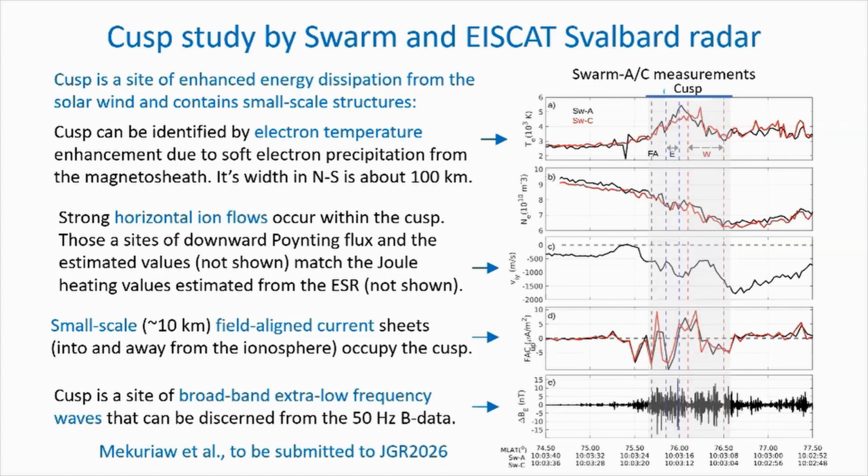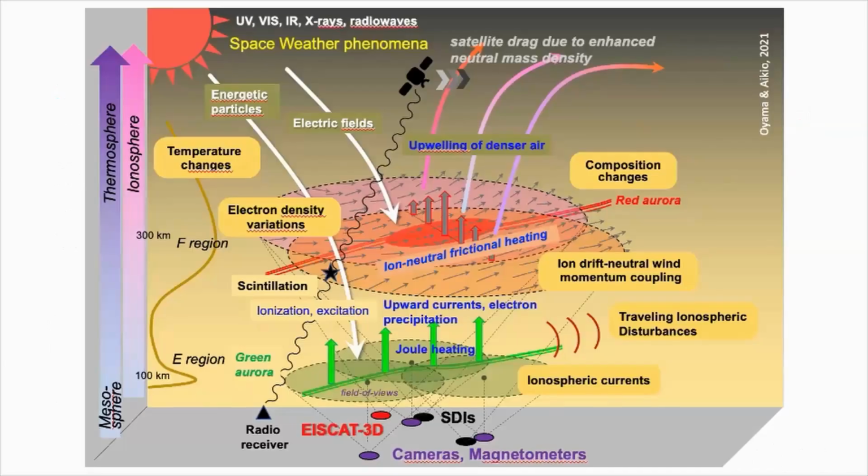And within those regions of enhanced velocities, we also have enhanced Poynting flux downwards. Poynting flux is, of course, calculated basically from delta E cross delta B. And then we have up and downward field-aligned currents from the magnetometer measurement, and the last panel is the broadband extremely low frequency wave turbulence that is often observed, for example, within the auroral oval.